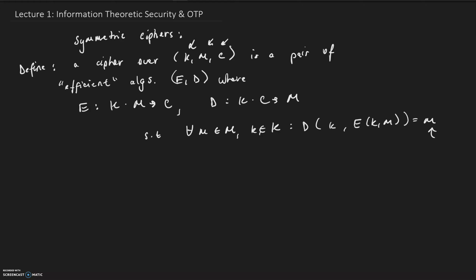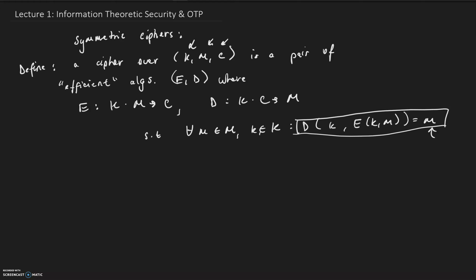This is what we call the consistency equation, and every cipher must satisfy it in order to be a cipher. Otherwise it's impossible to decrypt.